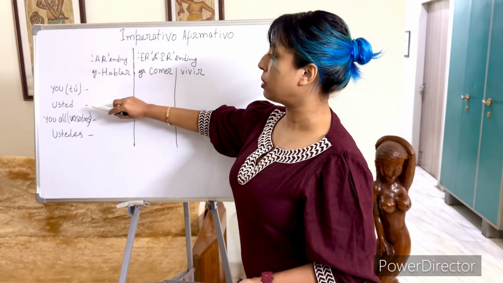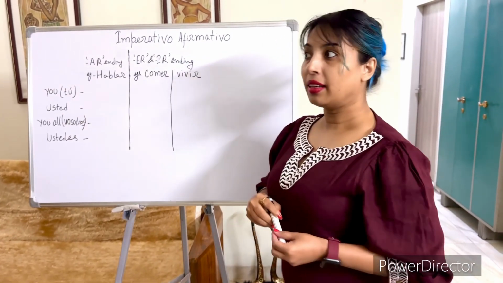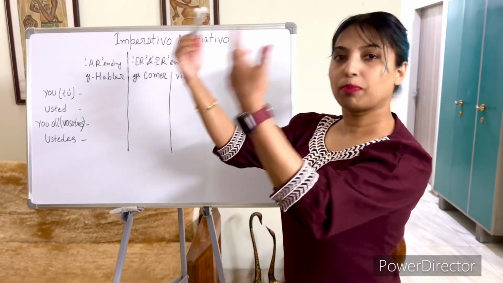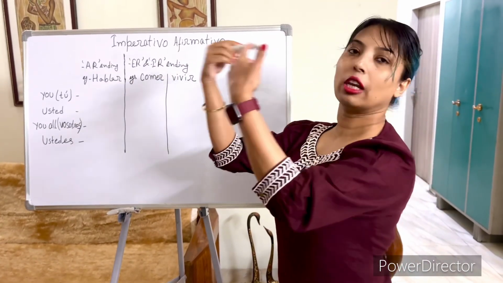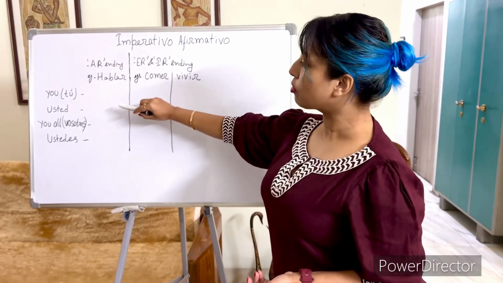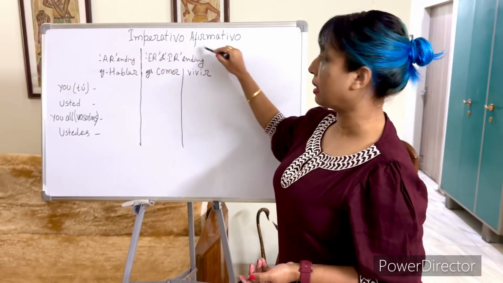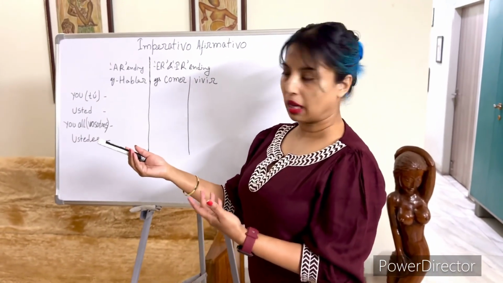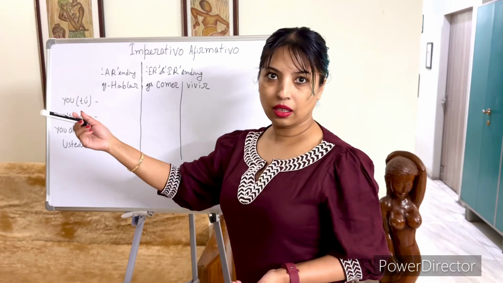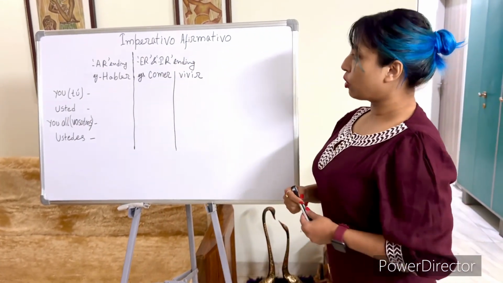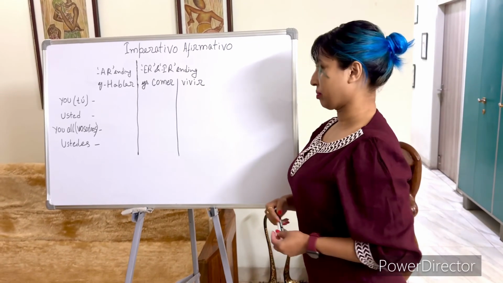Another conjugation is the usted form, singular number, when you want to give respect and be polite to that person. So that would be the usted form conjugation for imperative affirmative. And then vosotros, you all, while talking to same age people, and then ustedes, plural number, when you want to give respect.